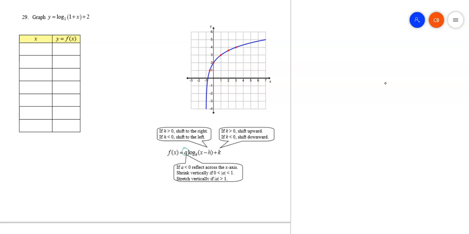We can shift to the right by h by doing this little one. It would be possible as well to do any kind of reflecting across the y-axis that we want to do by putting either a negative in front of x, or whatever the case may be. I'm actually going to modify this one a little bit, add a few more of the transformations that are possible.